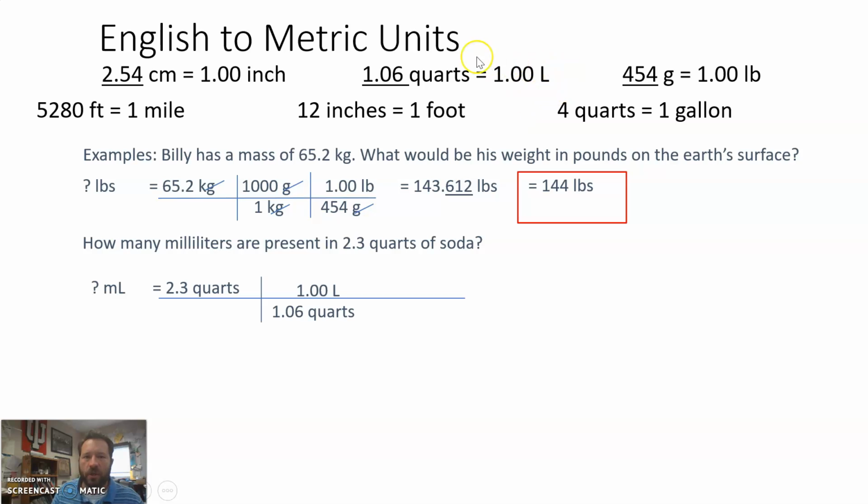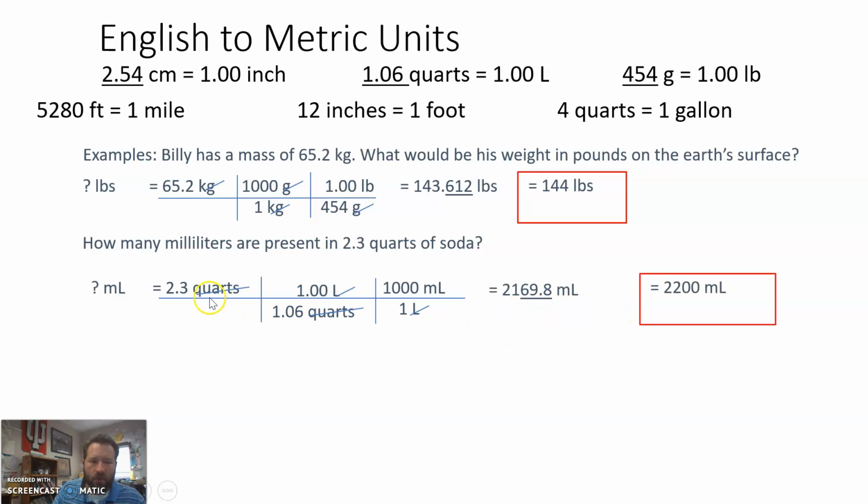So that is a conversion that we have from the American system, the English system, quarts, to the metric system, liters. 1.06 quarts in a liter. Quarts cancels out. Now we just have to go from liters to milliliters. And that hopefully is becoming an easier and easier conversion. There are 1,000 milliliters in 1 liter. Only 2 significant digits, so I'm going to round my answer to 2,200 milliliters.